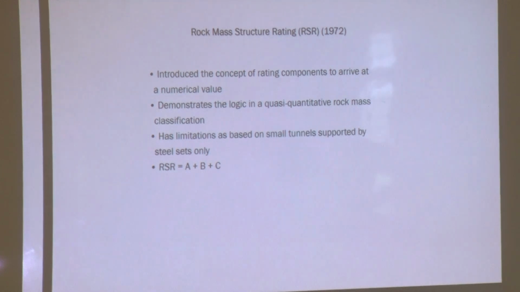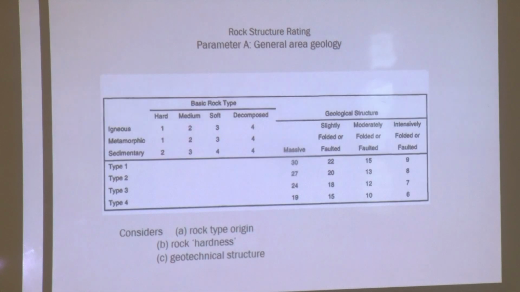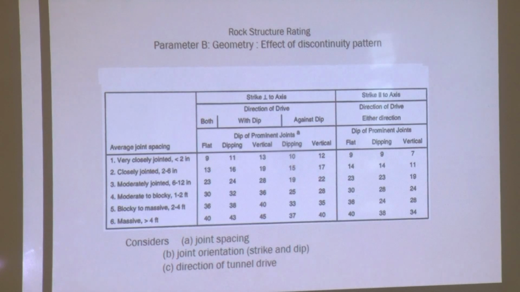Rock structure rating was one kind of rating system developed, and basically 3 parameters are there, and the addition of all of these represents the structure rating. They have also proposed some tables that might be useful for you. I am skipping, based on direction, whether it is perpendicularly aligned or parallelly aligned.